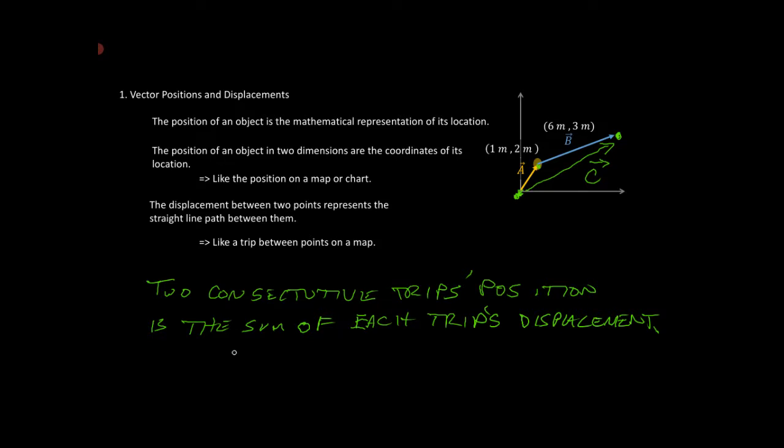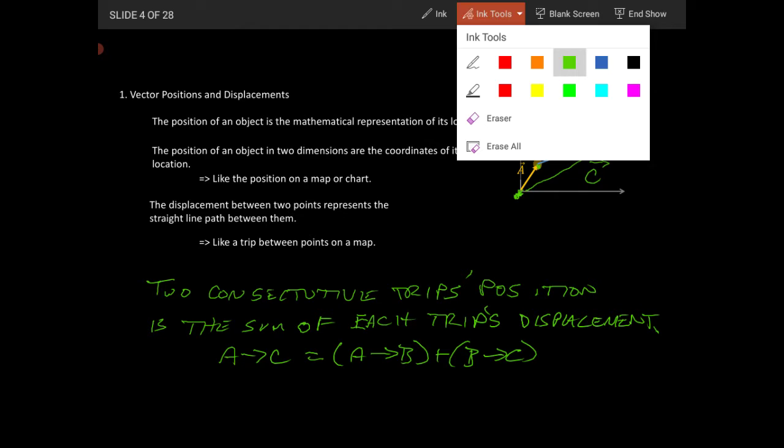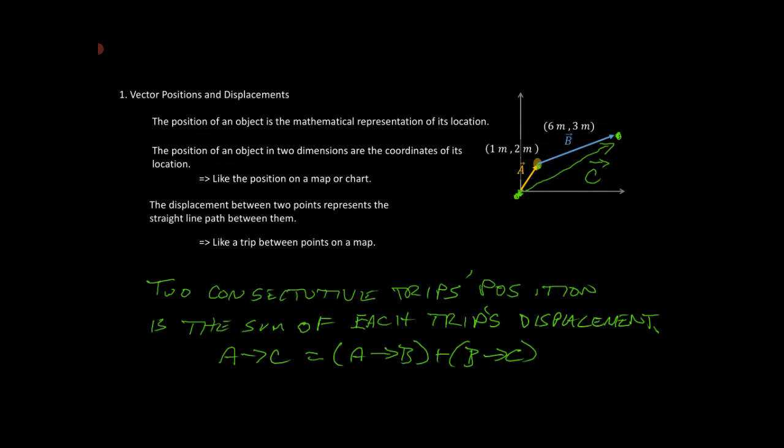So A to C is equal to A to B plus B to C, or something like that. So we'd end up here with C equal to A plus B. A plus B equals C. A is 1 meter, 2 meters.